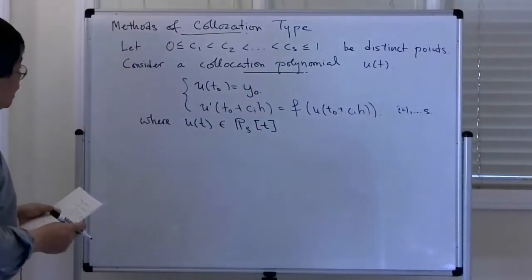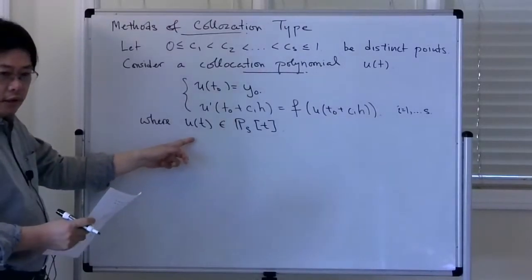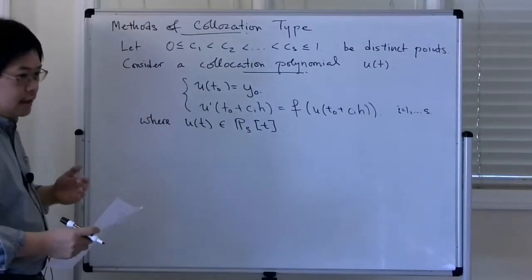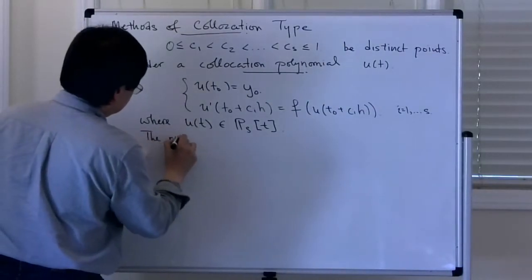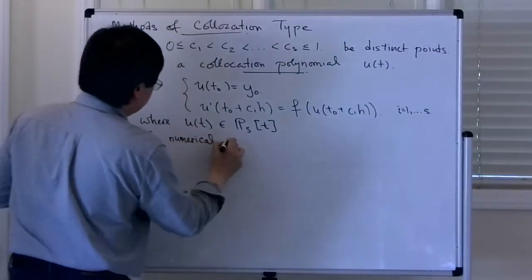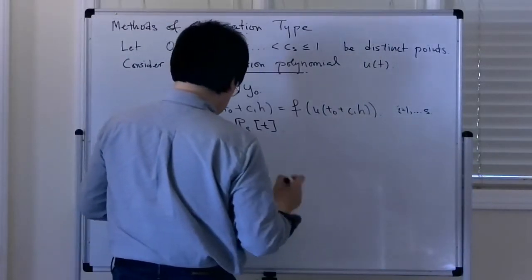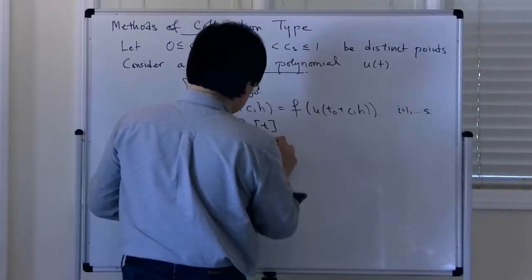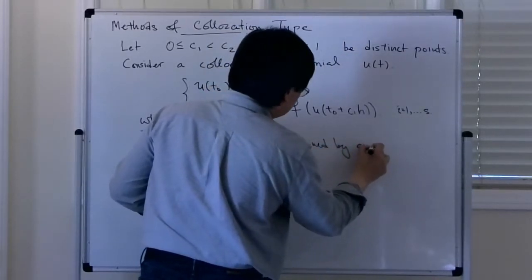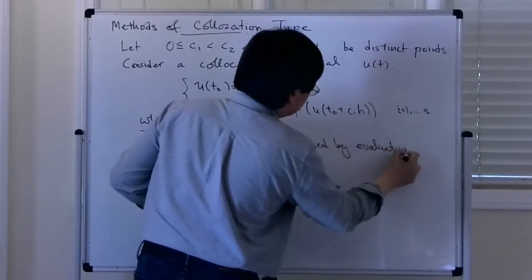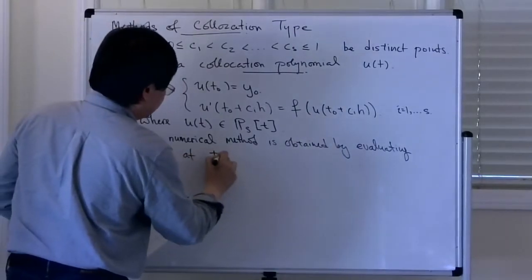The idea then is that the numerical method you get is by evaluating this collocation polynomial u(t) at the appropriate time, basically at t0 plus h.